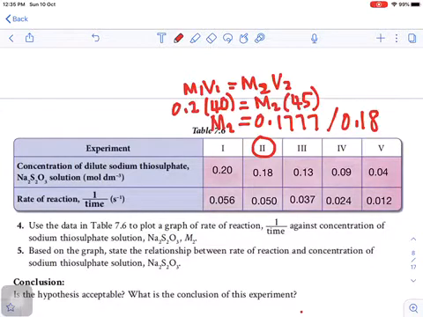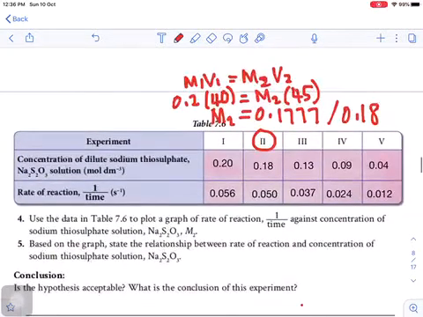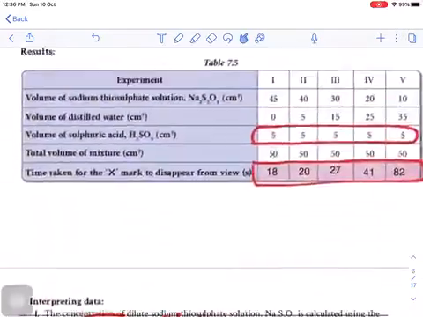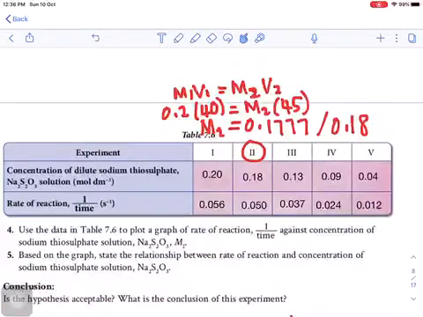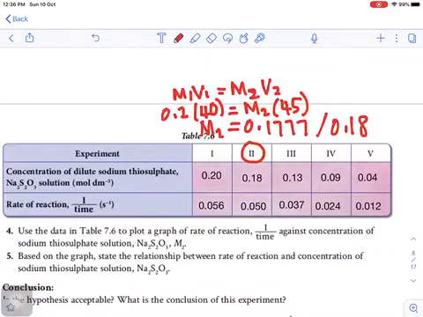diluted sodium thiosulfate concentrations. Okay. Then from the time you get from the first table, find the rate of reaction, which is 1 over time. For set 1, you can see 18 seconds. So for set 1 it is 1 over 18 seconds.